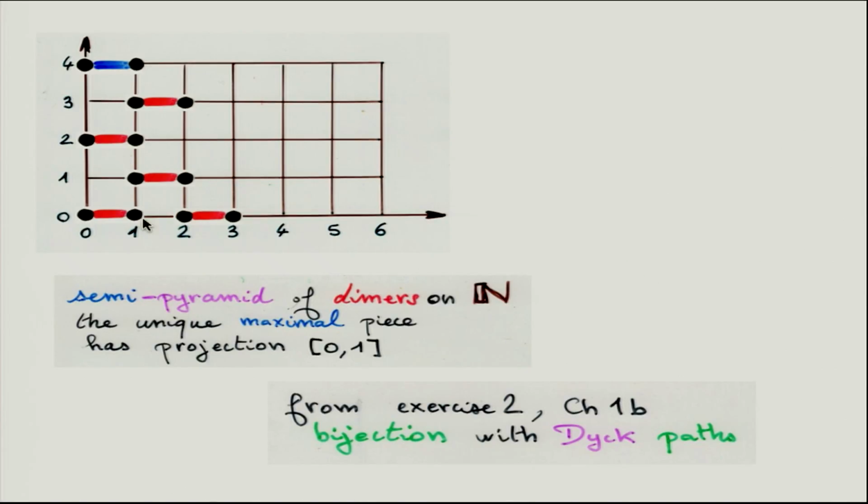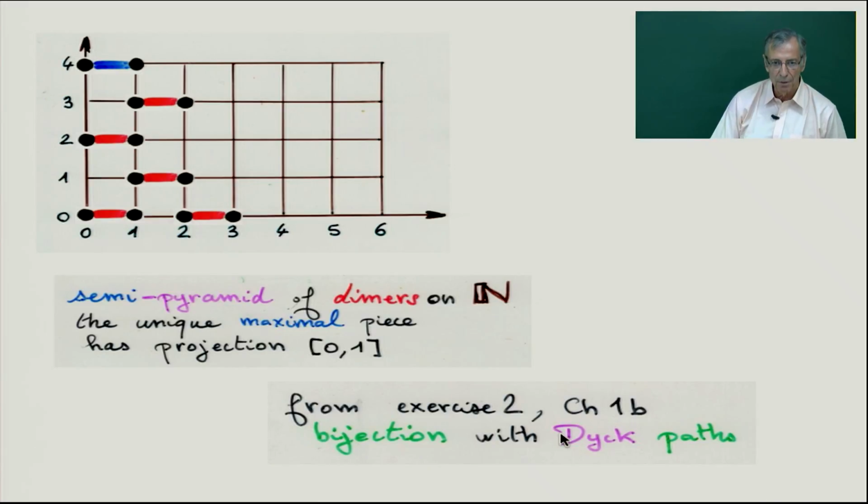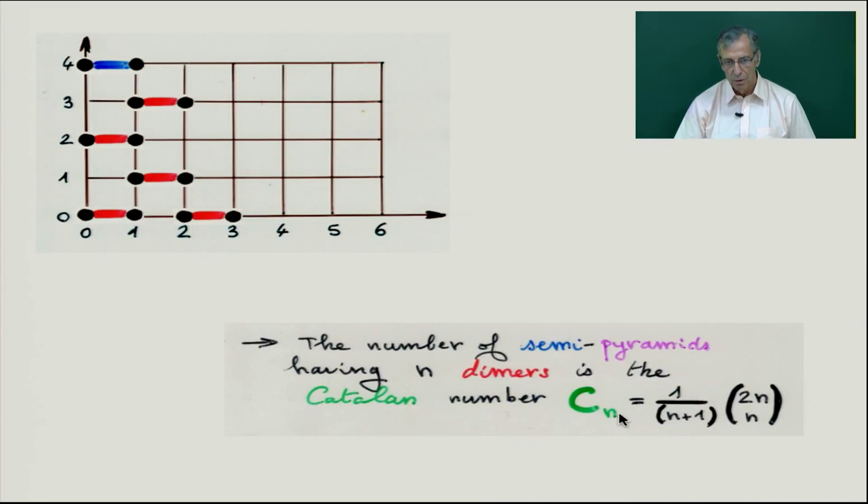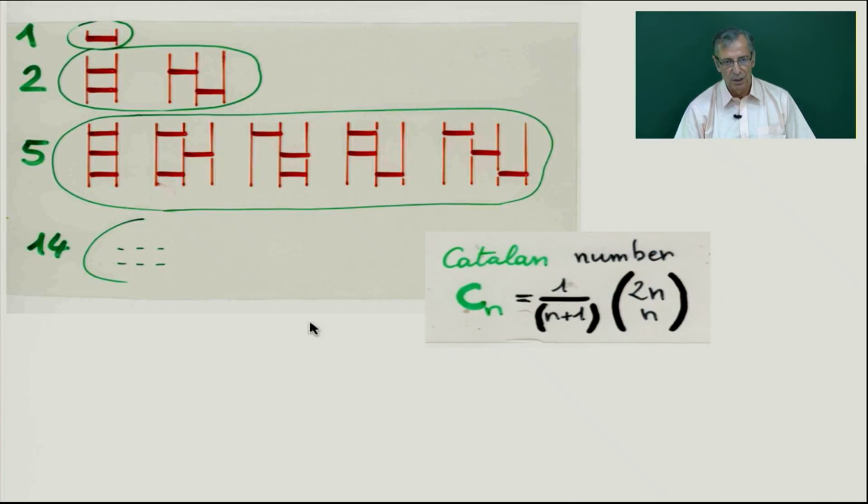Here is a semi-pyramid of diamonds on N. It's a pyramid, with a unique maximal piece, projected at 0, 1. And from exercise 2 of the last chapter, we know that there is a bijection between this and Dyck paths. So the number of such semi-pyramids is the Catalan number. This was the exercise of last time. You can check: 1 semi-pyramid, 2, 5, 14, etc.